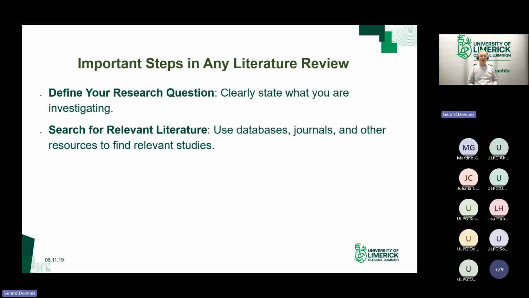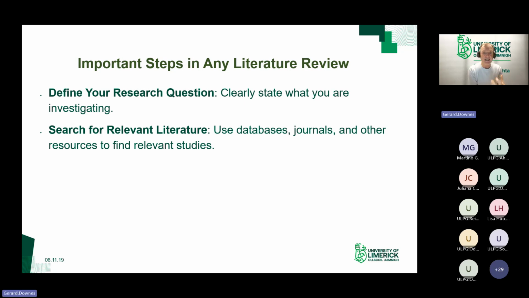Okay, so then I would say the next important point is just to search for relevant literature. So to use the sources that are available to you, and you now have a whole multiplicity of sources almost literally at your fingertips.